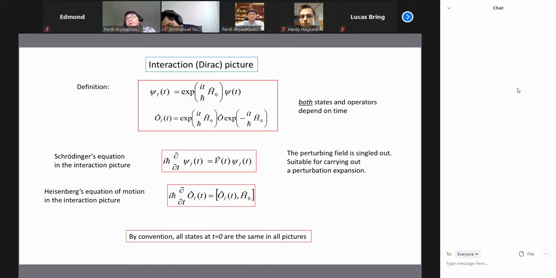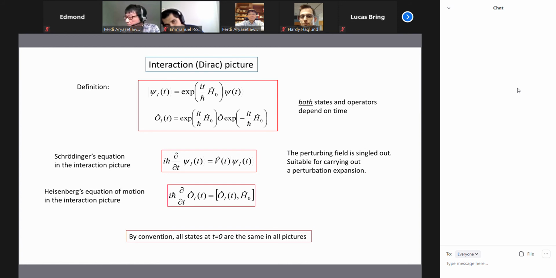So what we find is that when we work in this interaction picture, then the time-dependent Schrödinger equation retains the same form, but instead of the Hamiltonian of the full system, we just have the perturbing field appearing in the time-dependent Schrödinger equation in this interaction picture.